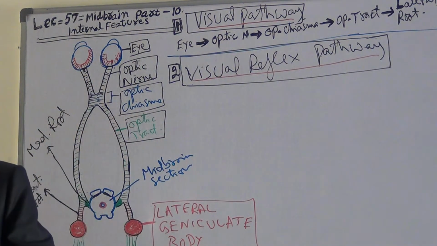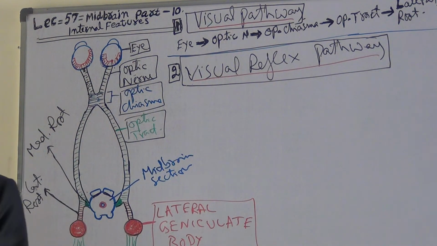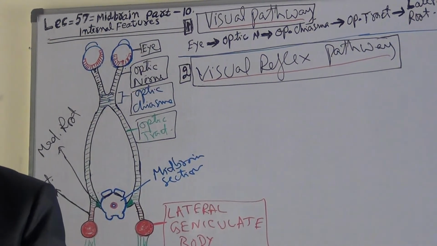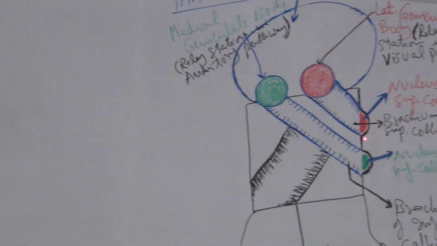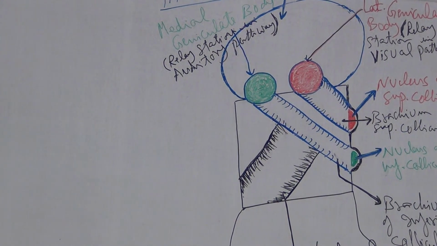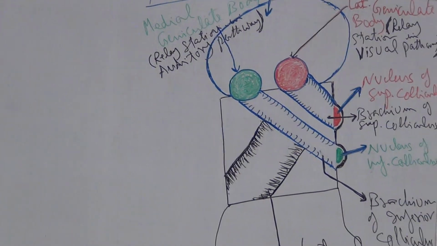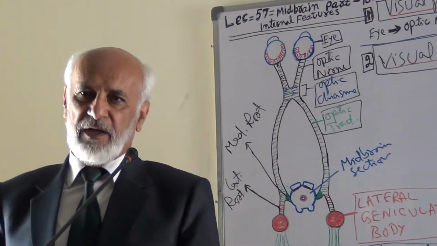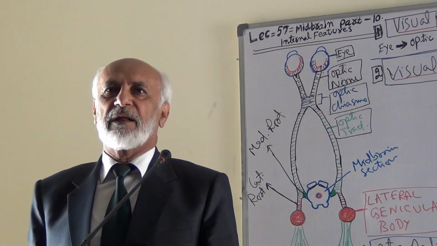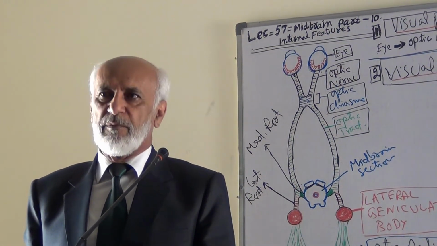Now the nuclei of the superior colliculi. This is the superior colliculus and this is the nucleus of the superior colliculus. So the nuclei of the superior colliculi are in charge of our visual orientation reflexes. They transmit impulses for reflex movement of the body.